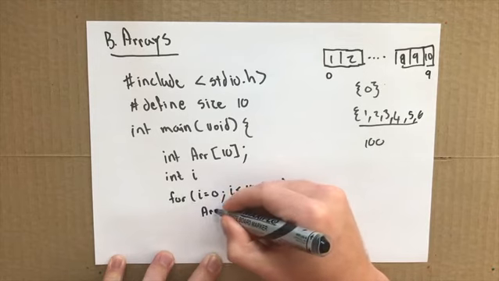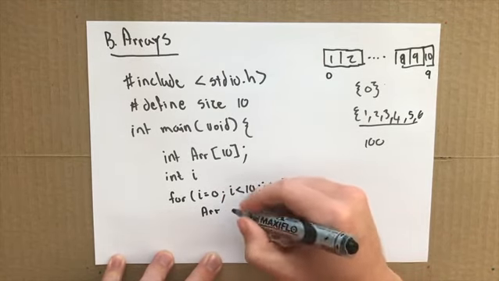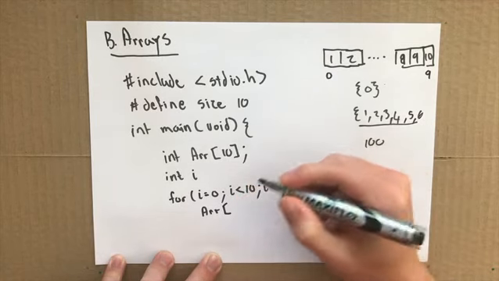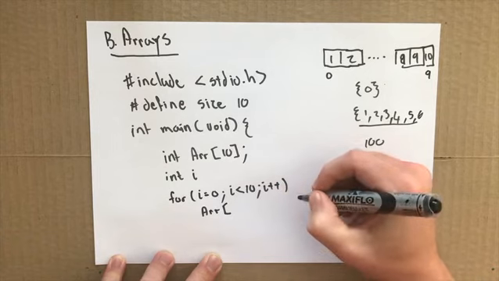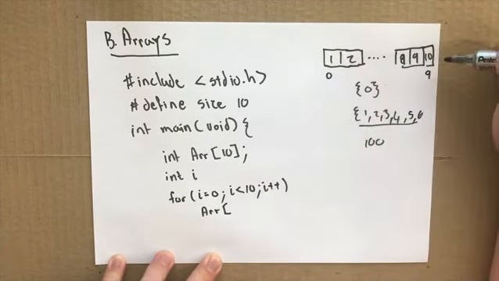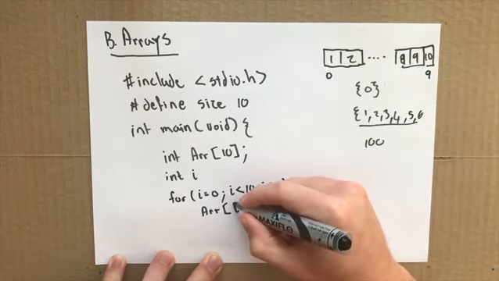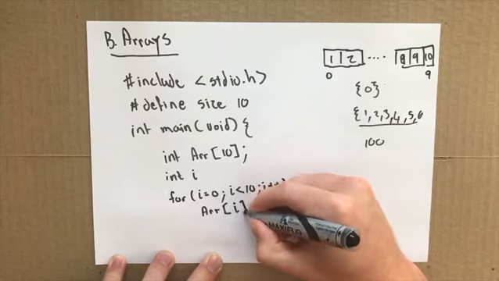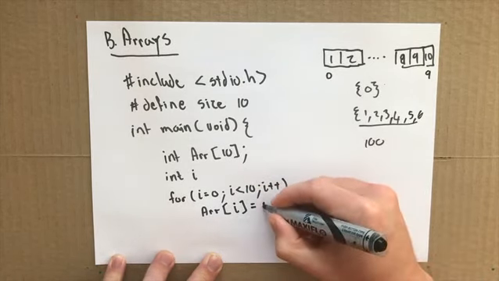So let's quickly say inside the for loop we will say arr, and now we want to work with each element and give it a number from 1 to 10. Inside the square brackets we put our counter variable, which is i.